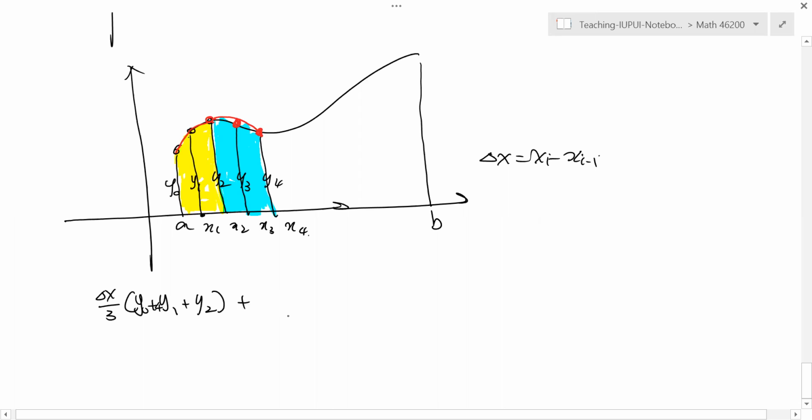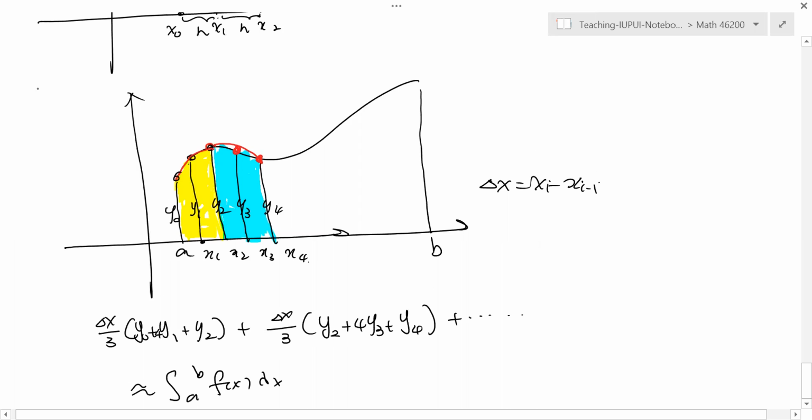The second one is y2 plus 4y3 plus y4, and keep it going. This should be a good approximation of the integral. This was introduced by Simpson. Everybody watched the Simpsons movies, right? This is not that Simpson.